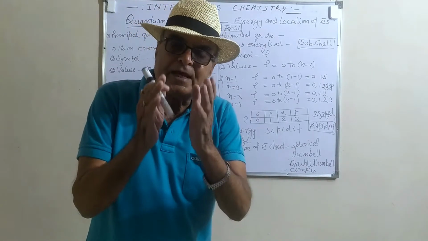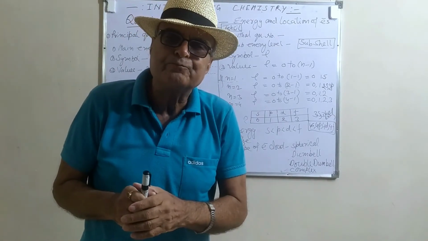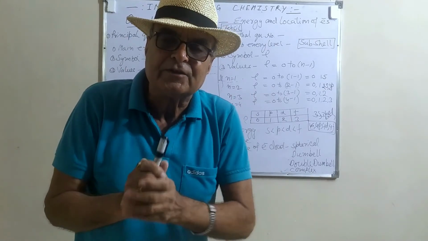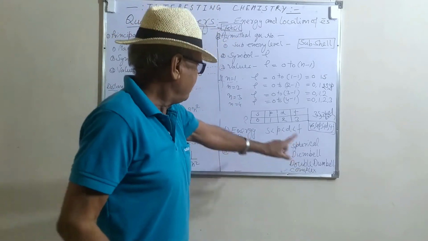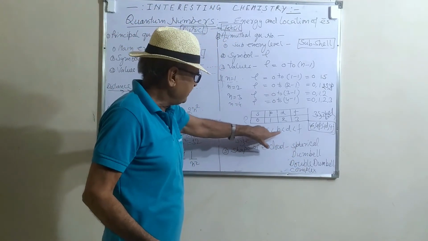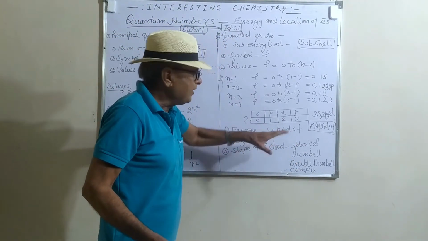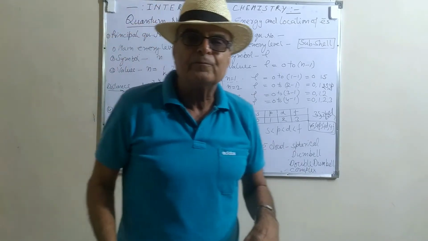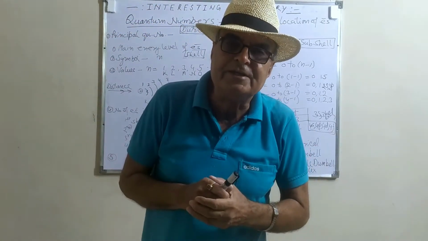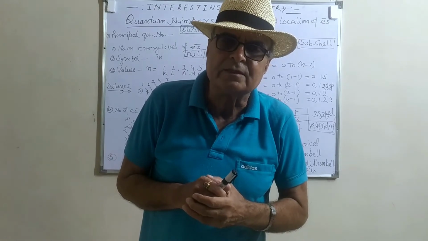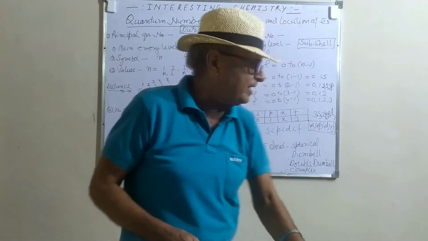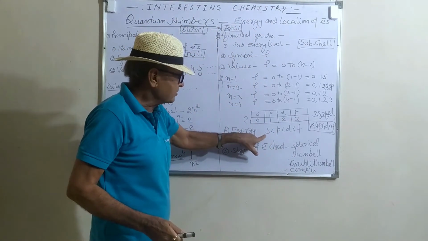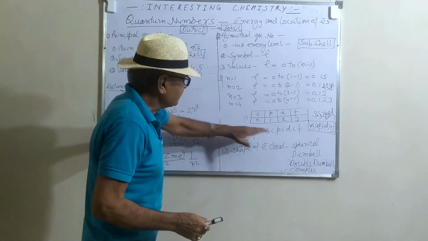So if an electron is found in a D subshell, it will be greater in energy level compared with P and S. If an electron revolves in the D subshell, then the energy of that electron will be greater than P and S. So this also tells us this.